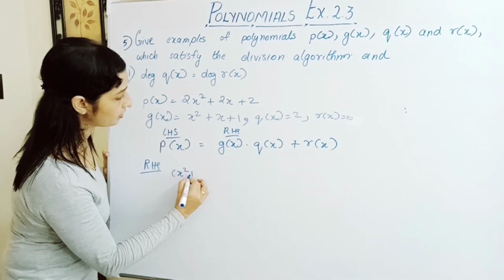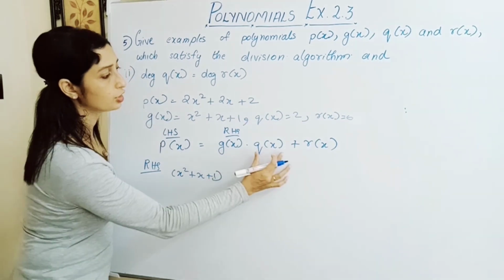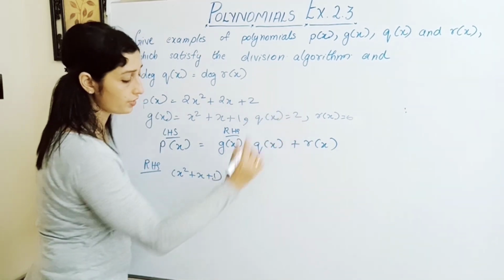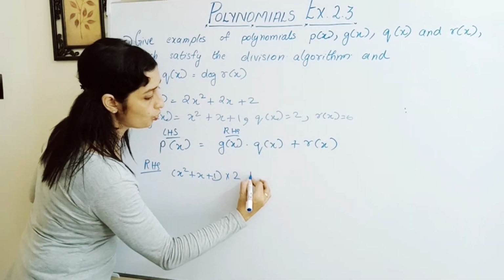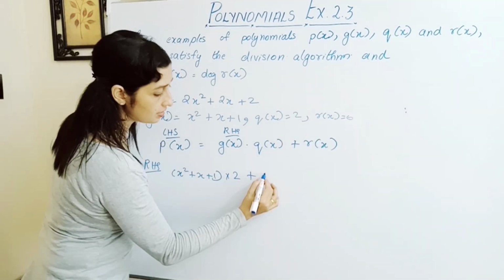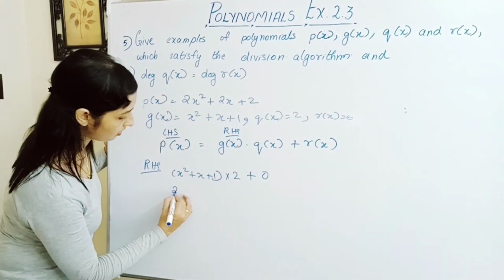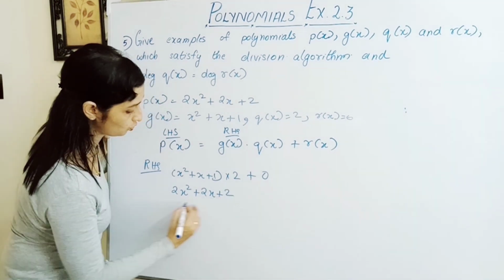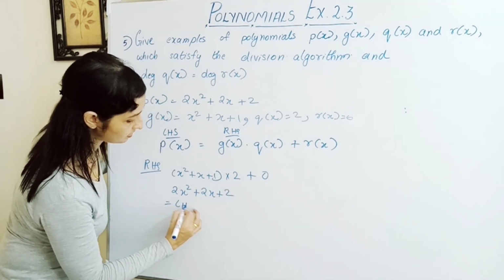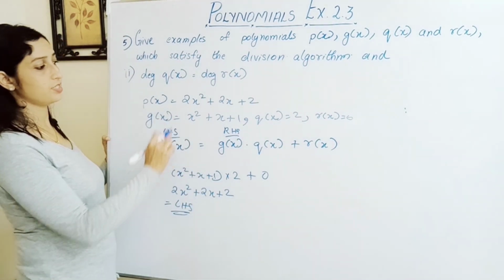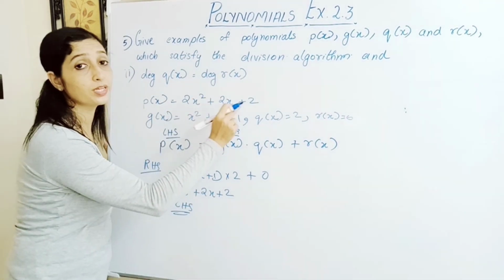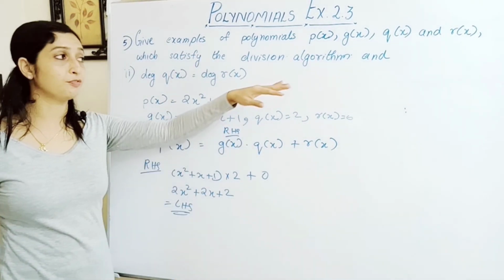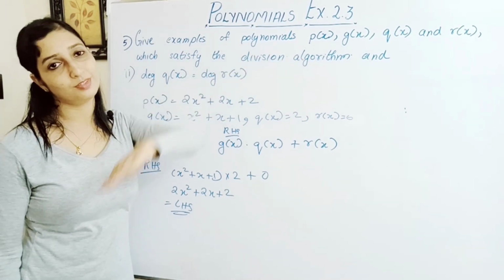X square plus x plus 1 into q of x. What is our q of x? Into 2 plus. What is our remainder? 0. So this becomes 2x square plus 2x plus 2. Now this is same as our LHS, which is 2x square plus 2x plus 2. Hence we have verified the division algorithm also.